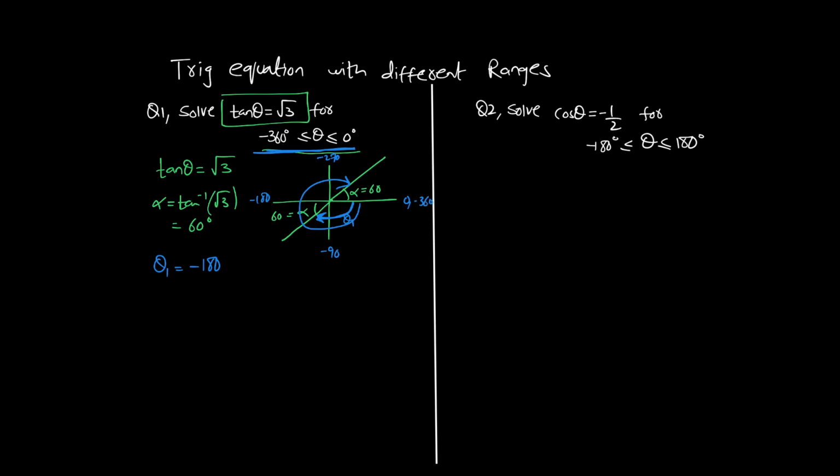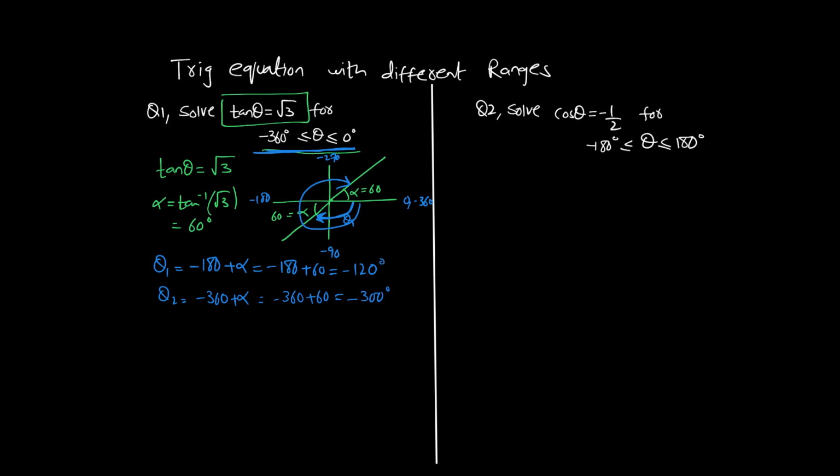So minus 180 plus alpha, minus 180 plus 60 degree, minus 120 degree, and the other angle would be minus 360 plus alpha, which is minus 360 plus 60, minus 300 degree. So these are the two angles.